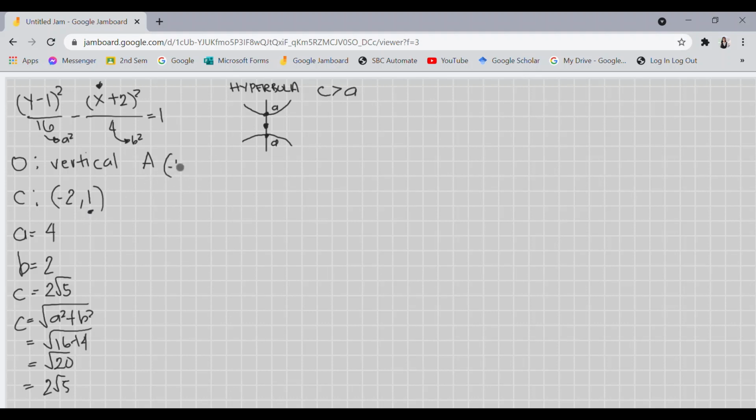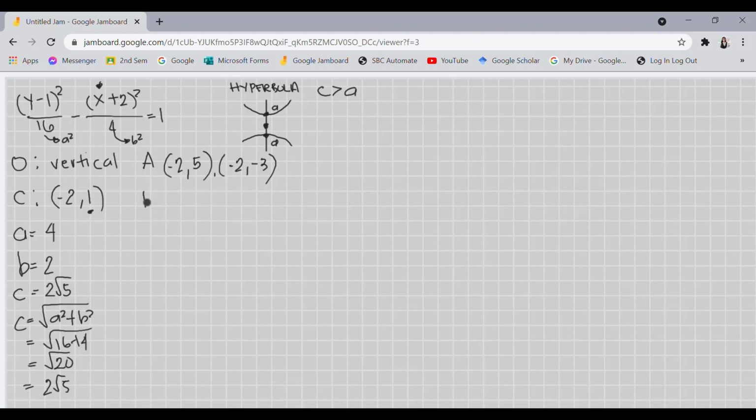So we have −2, and we go up by 4, that is 1 plus 4. We have (−2, 5). We go up 4 units. The same goes downward. We have (−2, 1), that will be 1 minus 4. That gives us (−2, −3). So 1 minus 4 is −3, and that is the point below.